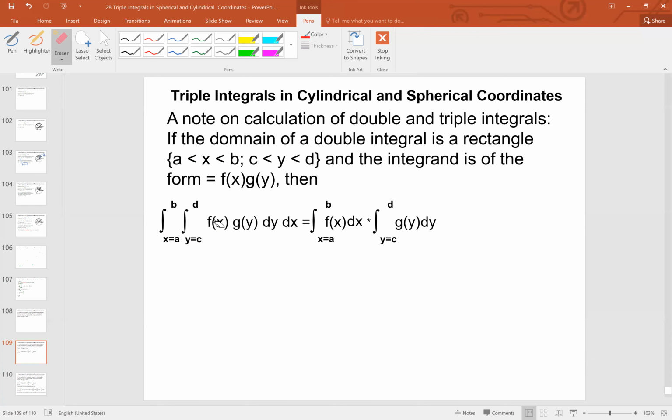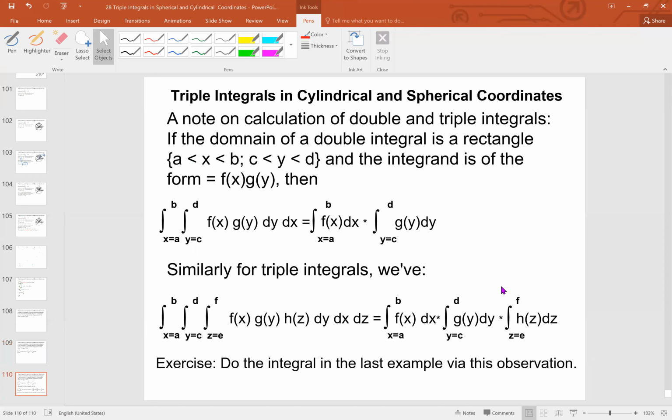We can treat one factor as a constant, so f of x can be pulled out. These then become the product of the x integral times the y integral. Sometimes these are convenient rules.